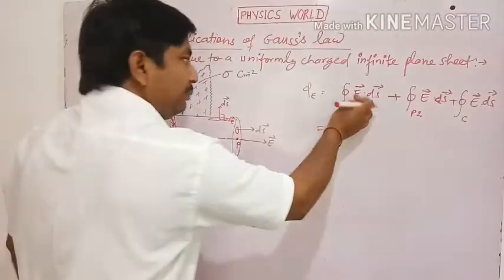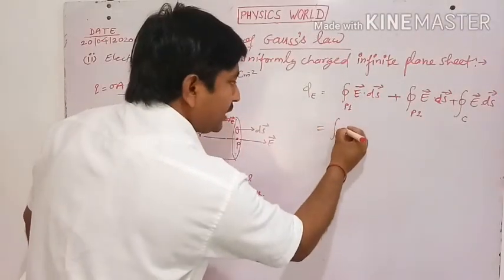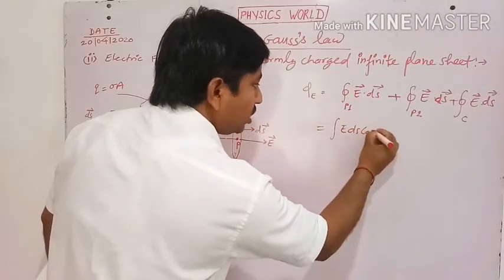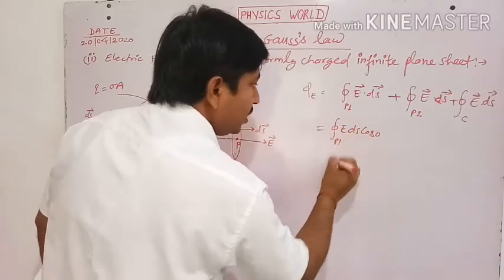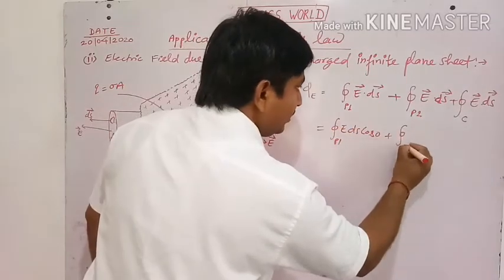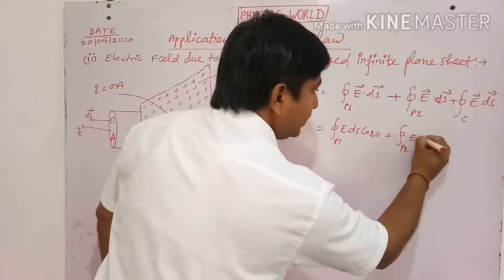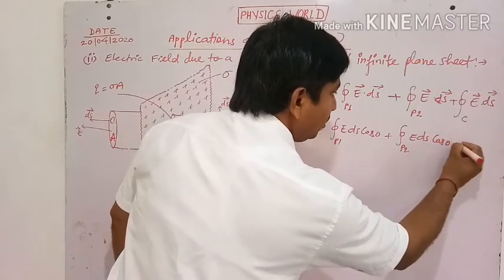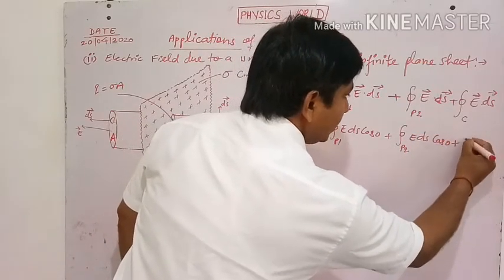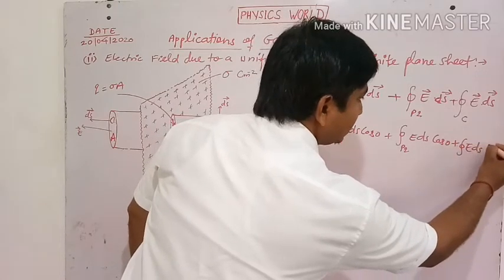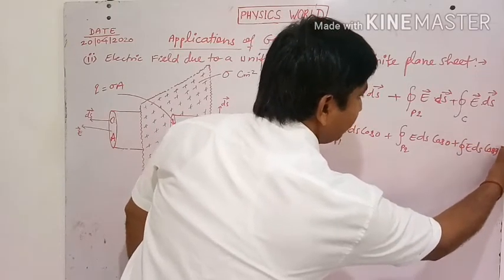So E can be taken outside, and the value becomes integration E ds cos 0 plus integration E ds cos 0 plus integration E ds cos 90.